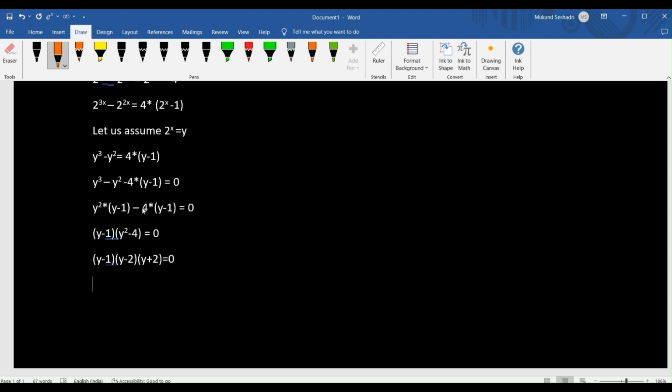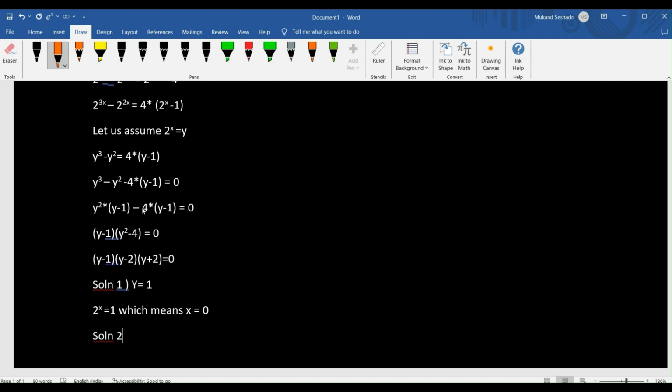So we have y equals 1 as solution 1, which means 2 to the power x, which is what we assumed earlier, equals 1, which means my x equals 0, which is one possible solution.